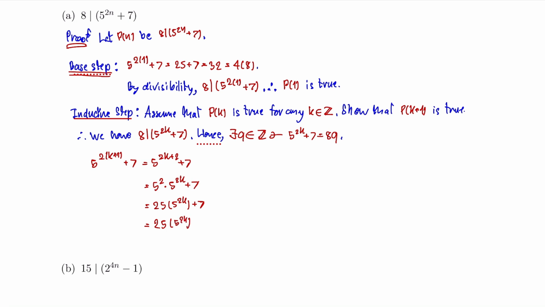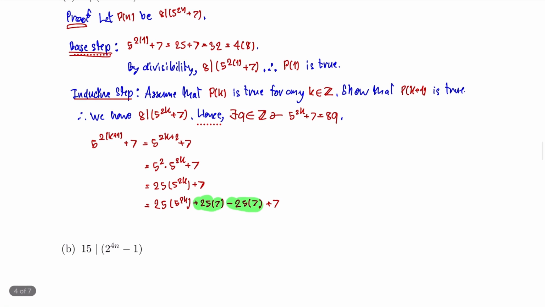I've got to add 25 times 7 and subtract 25 times 7. So add 25 times 7, plus and minus 25 times 7. The rest remains the same, so we're going to have 7 right here. So I just add and subtract.